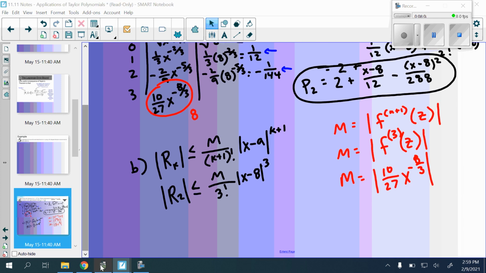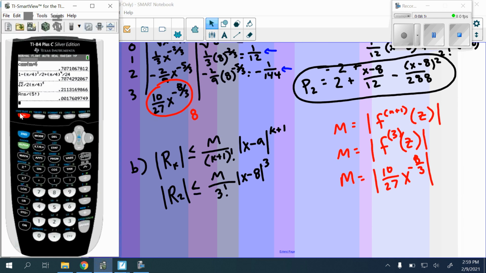Well, if you were to graph out this function, it's an exponentially decreasing function. X to the negative 8 thirds.